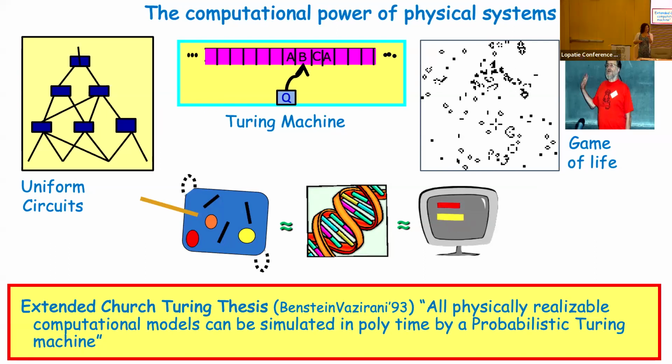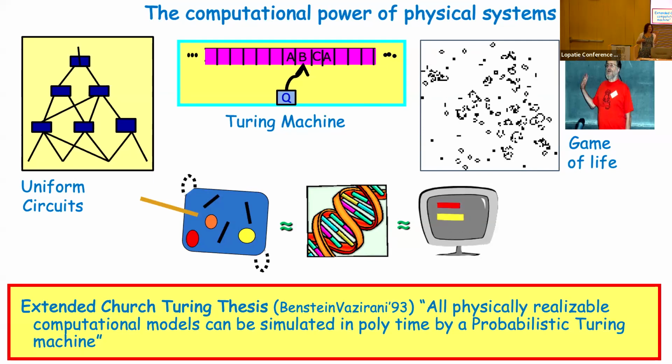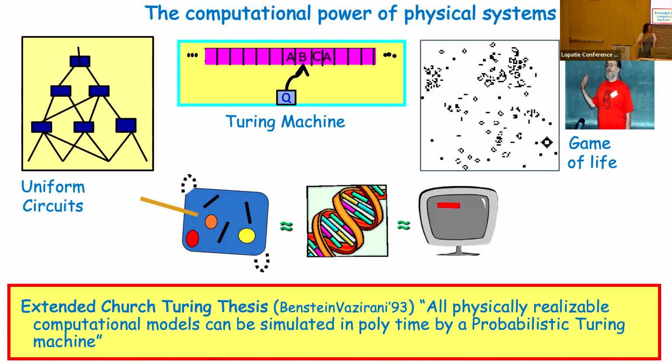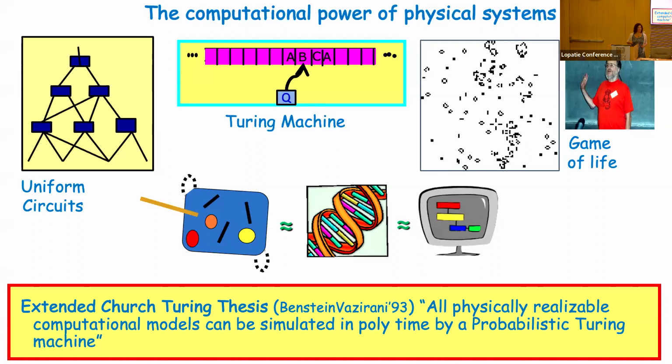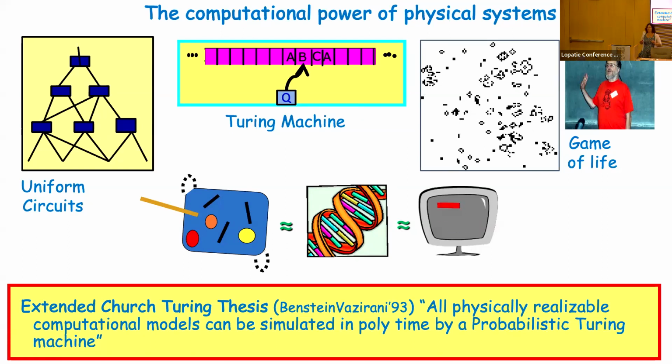And the extended Church-Turing thesis, stated by Bernstein-Vazirani from 93, says that no matter what kind of classical computation you're using, under very mild restrictions, it's basically going to be the same, up to polynomial overheads of simulating. So all physically realizable computational models can be simulated in polynomial time by a probabilistic Turing machine.